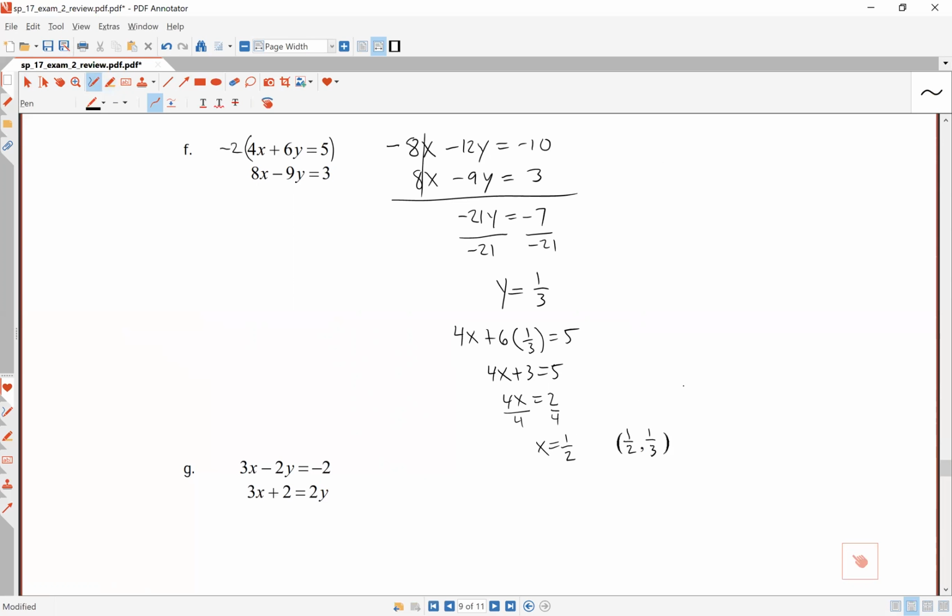I'd like to check that back into the second equation. 8 times x minus 9 times y. 8 times 1/2 is 4. 9 times 1/3 is 3. And 4 minus 3 is 1. It's supposed to be 3.